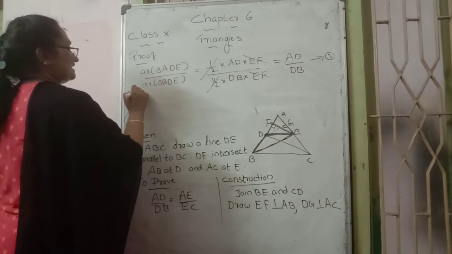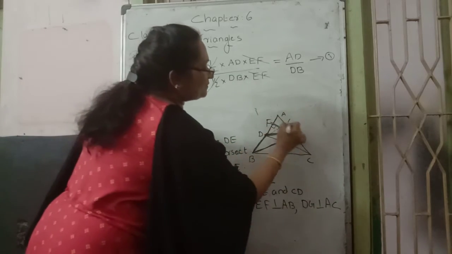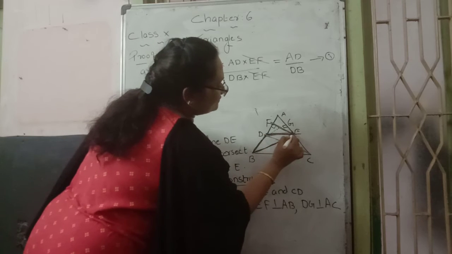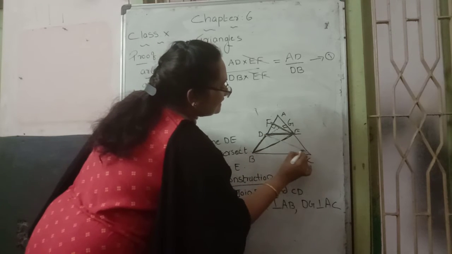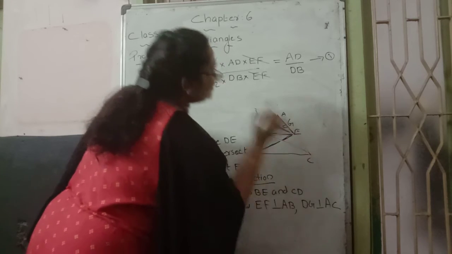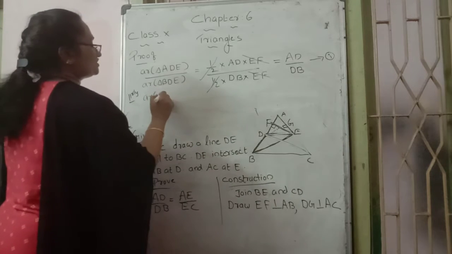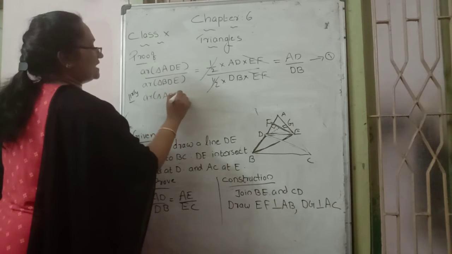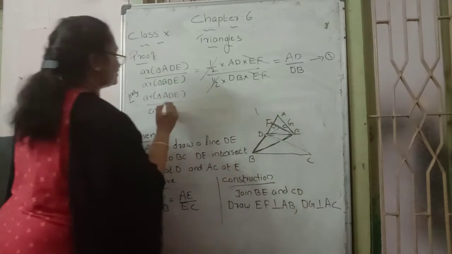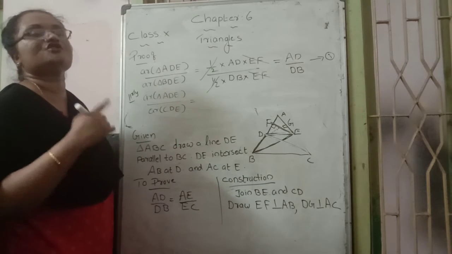Similarly, we consider the right side part. The top triangle ADE stays the same, and on the right side we consider triangle CDE. There also we apply the same formula: half into base into height.